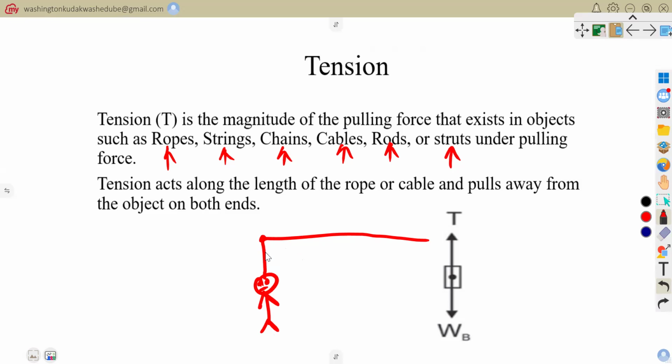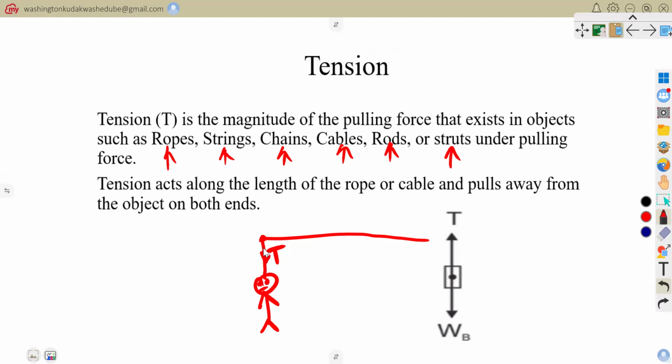So we are saying that that rope that is suspending that doll on that rooftop would be having what we refer to as the tensional force. So that tensional force would actually be pulling away from the roof, as well as pulling away from the what?